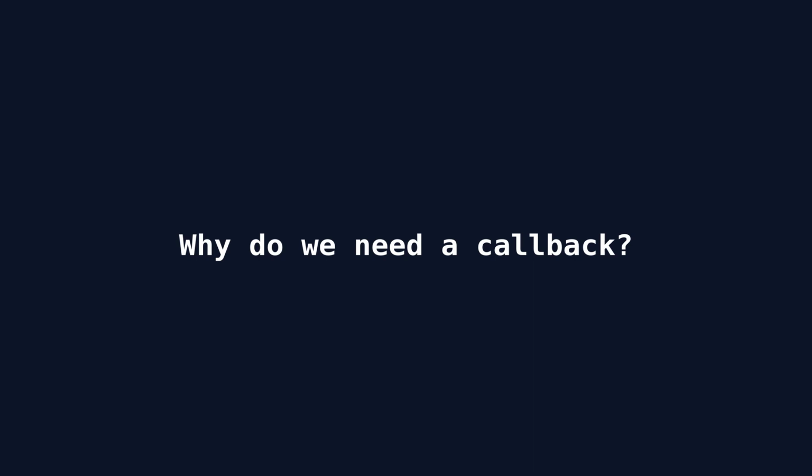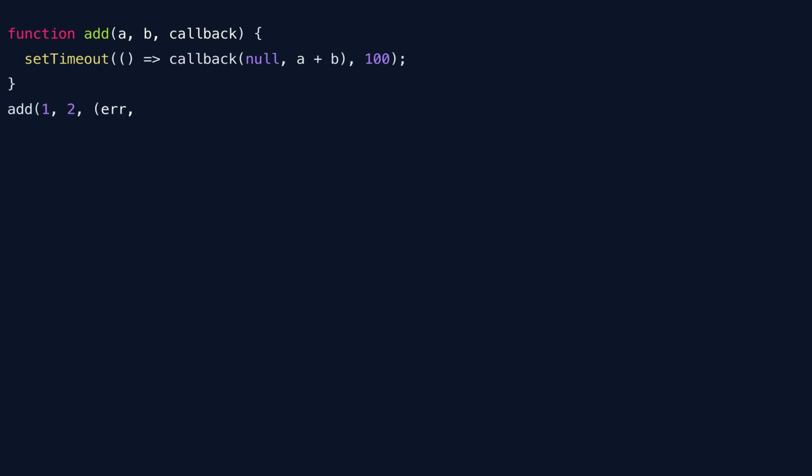Let's see how to use a callback function. I'll quickly write a function that will explain it. I wrote a simple addition function that takes two numbers and returns the sum of those two numbers in the callback.